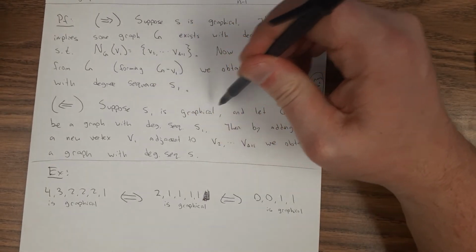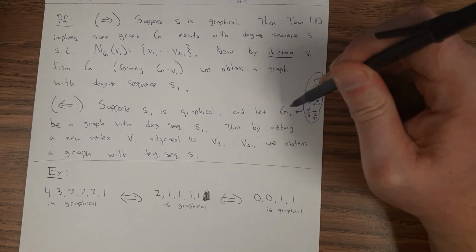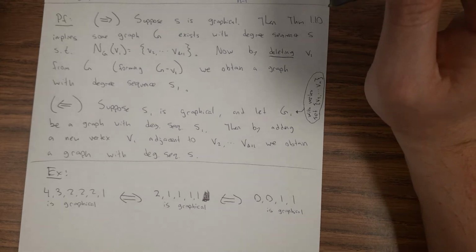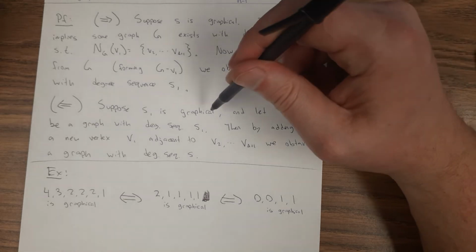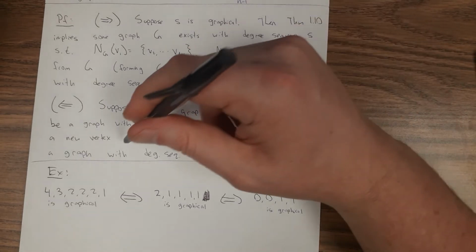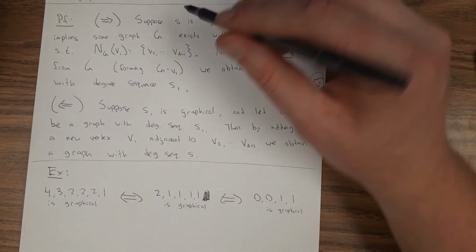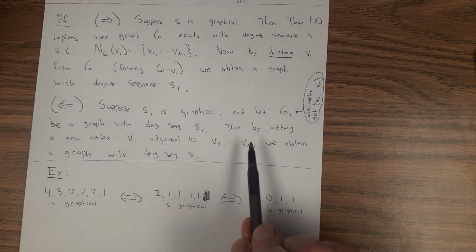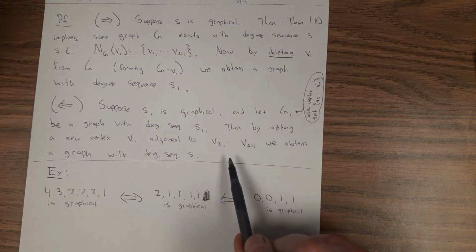Once again, suppose S1 is graphical, and so there's some graph G1 that has that degree sequence and this set of vertices. Then by adding a new vertex V1, and I'm going to make it adjacent to V2 through V delta plus 1, everything about this is right.